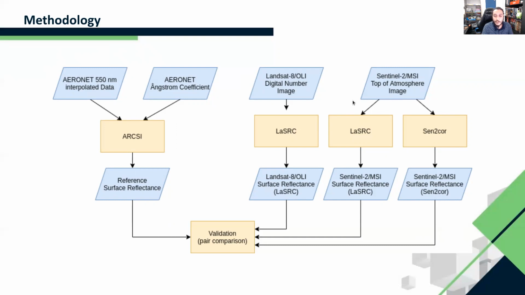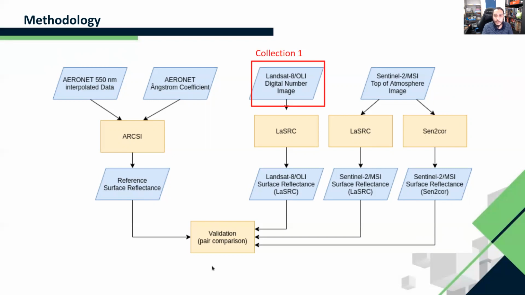So we have also generated the surface reflectance of Sentinel-2 MSI using LaSRC, and also using Sen2cor, which is the original atmospheric correction used by ESA. And having these three products, we compared the generated products with the reference surface reflectance, comparing mainly the APU metrics.